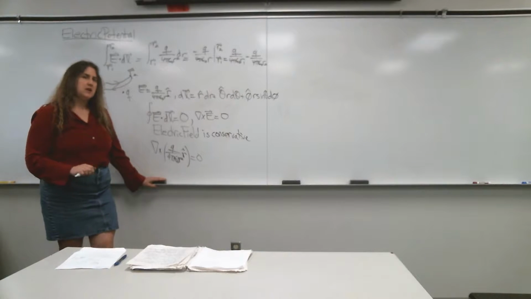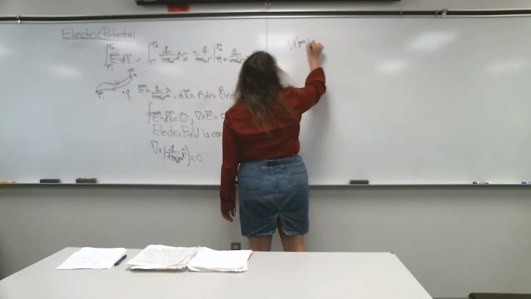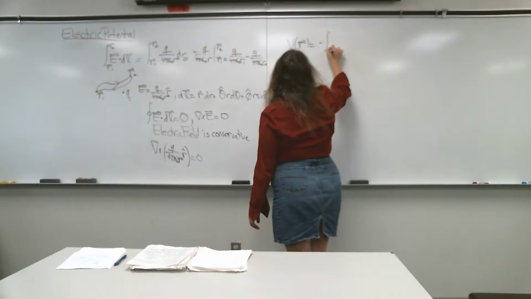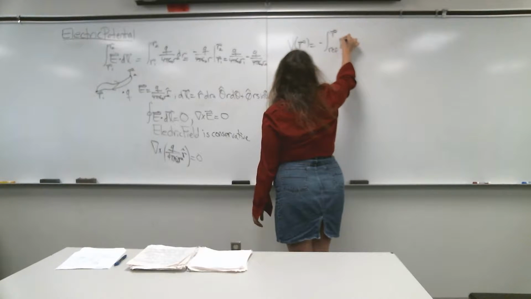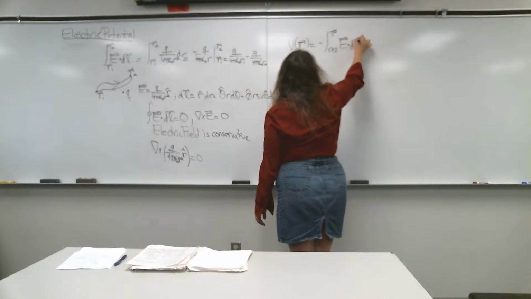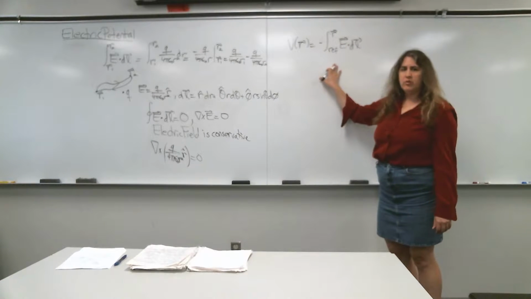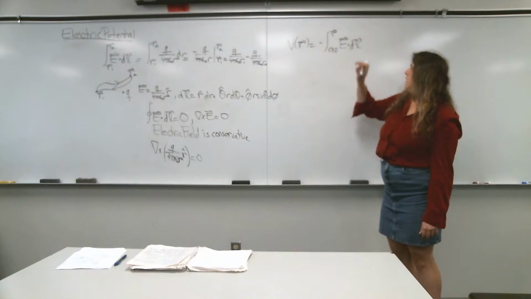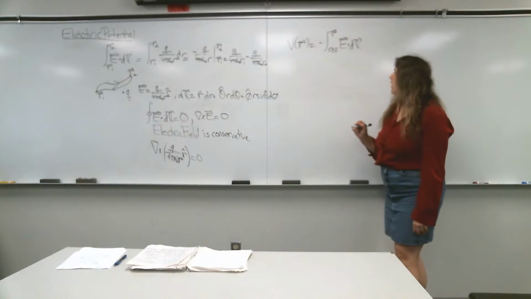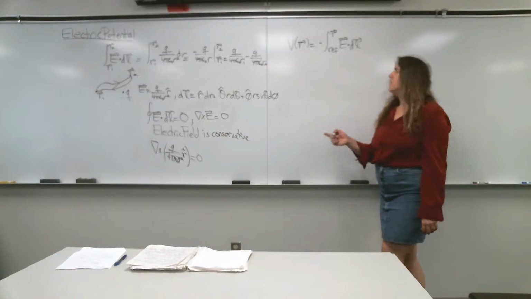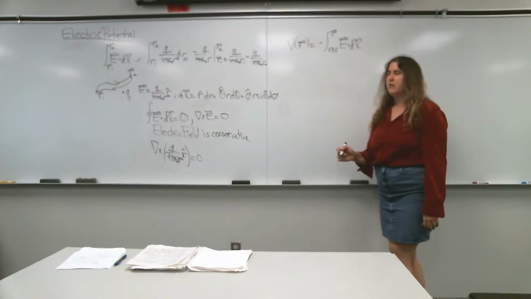So I'm going to define an integral now. I'm going to take the line integral of the electric field from some reference point up to some observation point R, and take the negative of that as well. What does a reference point mean? Well, that means a point at which the electric potential is 0.